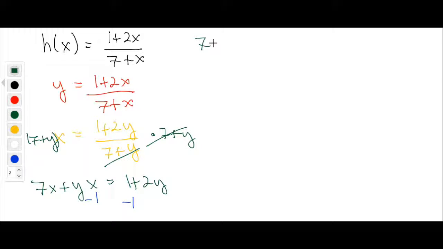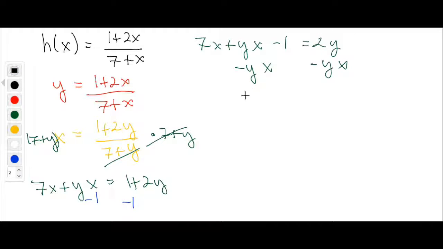We'd have 7x plus yx minus 1 equals 2y. Then I'm going to subtract yx from both sides. And we're going to have 7x minus 1 equals 2y minus yx.